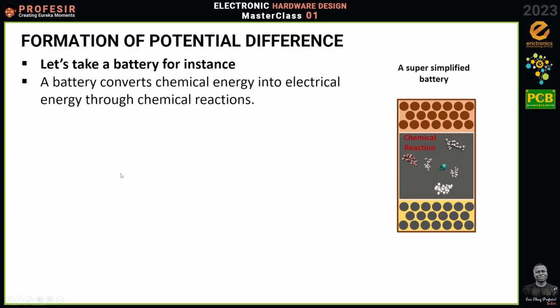So we said earlier that a battery converts chemical energy into electrical through chemical reactions, right? And if you remember how chemical reactions proceed, basically when a chemical reaction is happening, one component is losing electrons and another is receiving them.